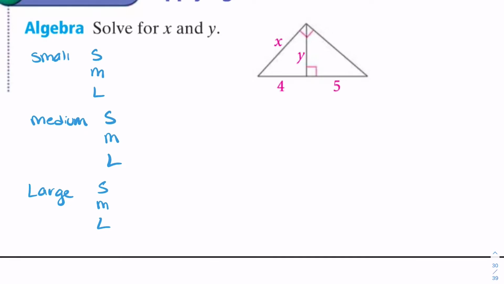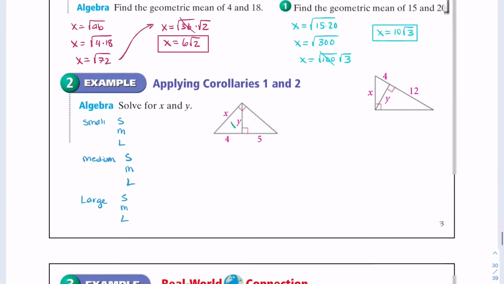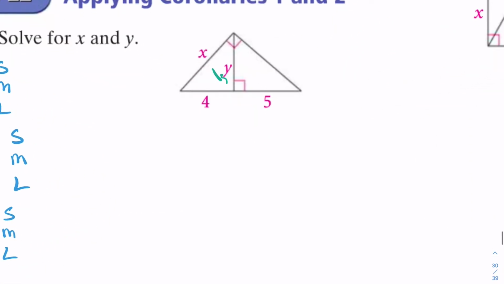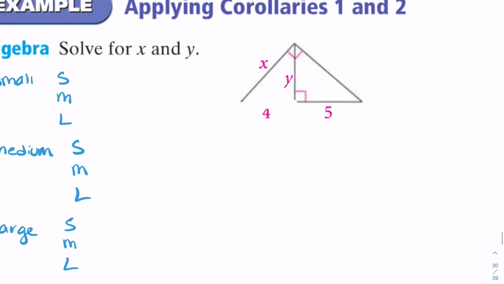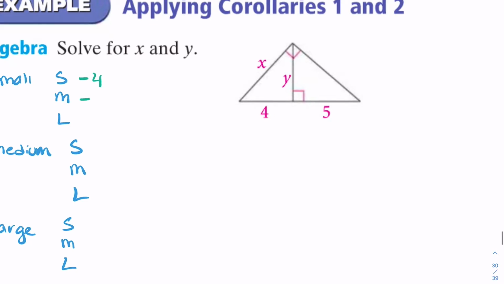So if I look at my smallest triangle, this one right here is the smallest triangle. So I'm going to take a look, and it looks like 4 is probably going to be shorter than the y. So I'm going to say 4, and they give me my medium y.